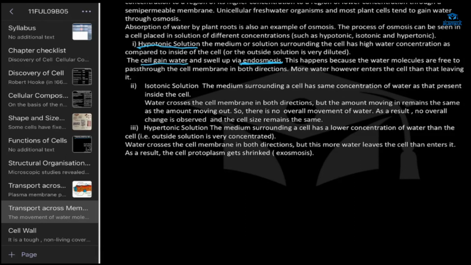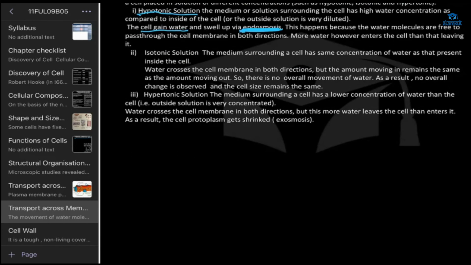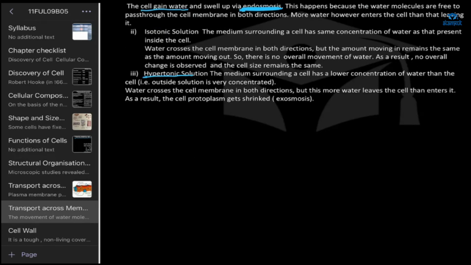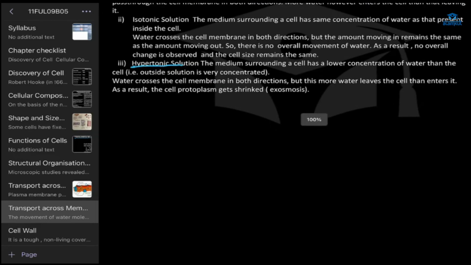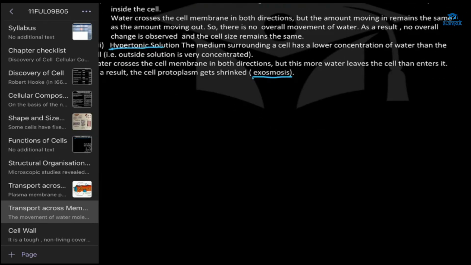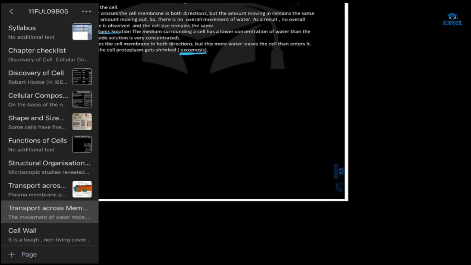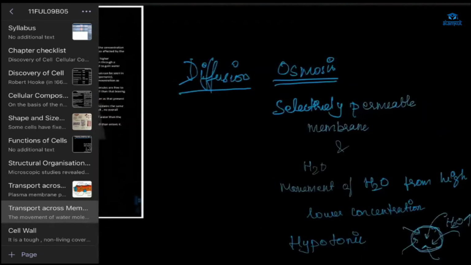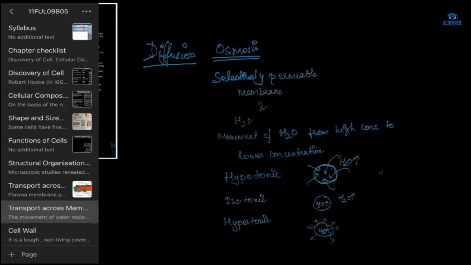They gain water and swell up. You have to know this, endoosmosis. And for hypertonic, the cells shrink and it is called exoosmosis. Okay? Everyone understood? I think I have done this part also, osmosis.